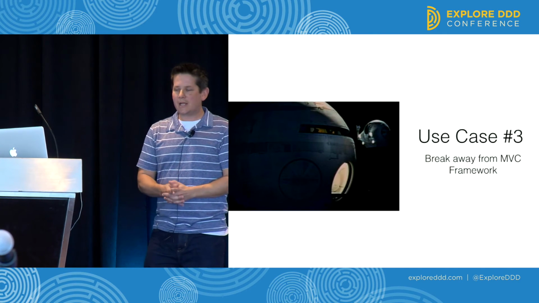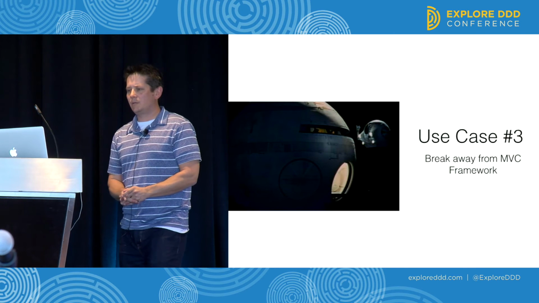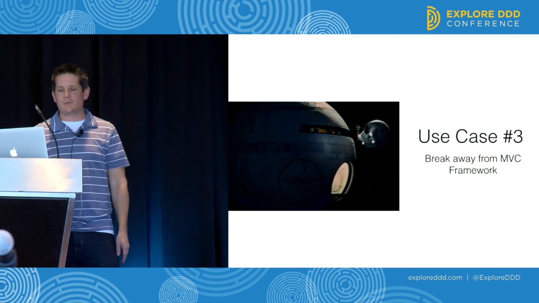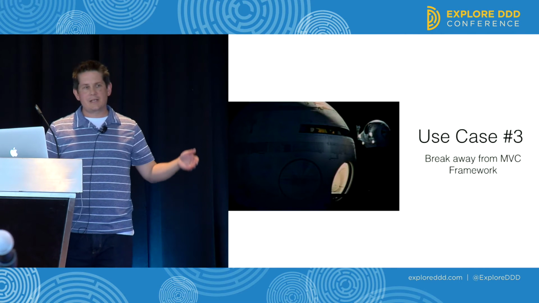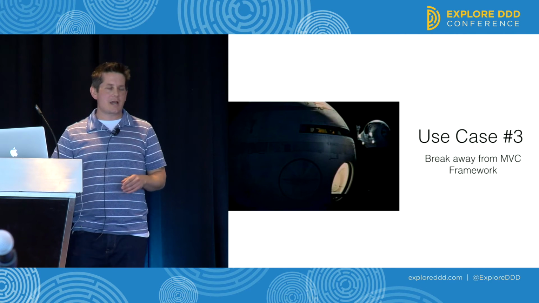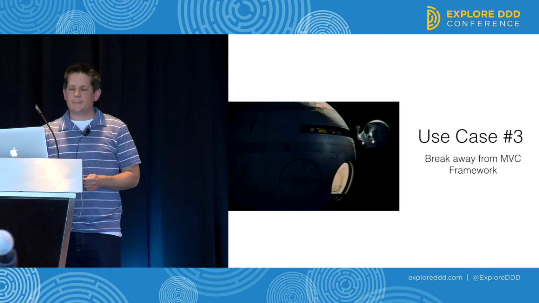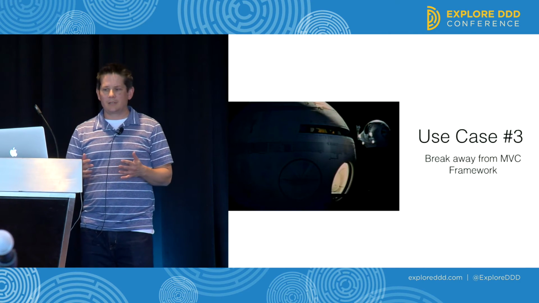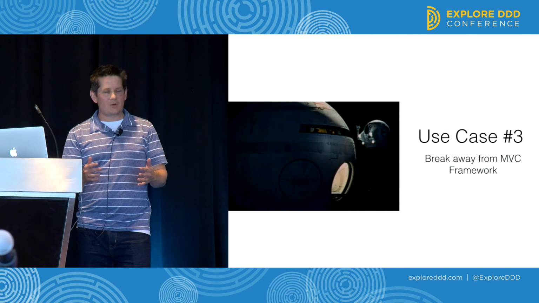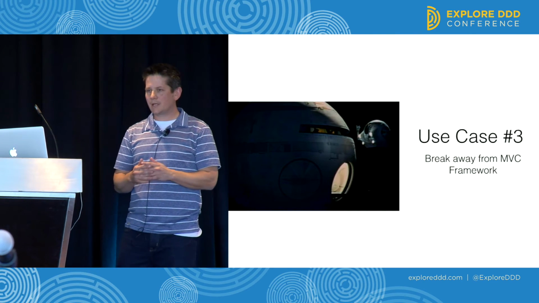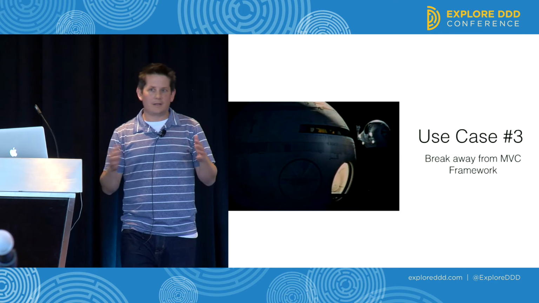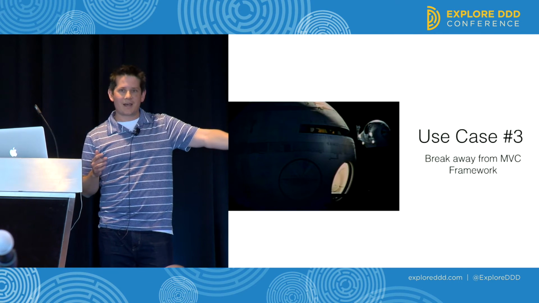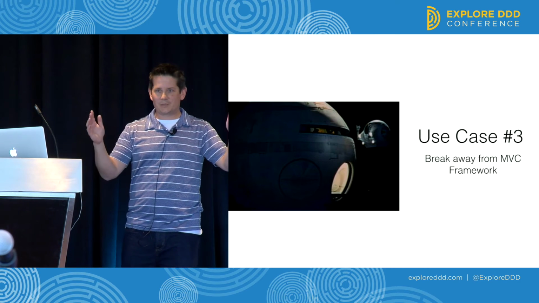The last use case I'm going to cover is the breaking away of the MVC framework. I've touched on it a little bit, but basically breaking away allows you to establish a hierarchy. The company's intellectual property is much more important than the framework. The Cake PHP framework has been around for a long time, and 10 years ago it was one of the top open source frameworks for PHP developers.